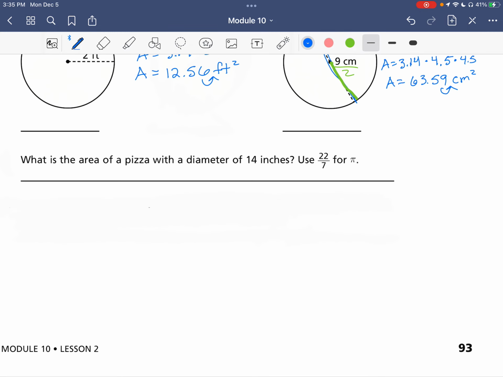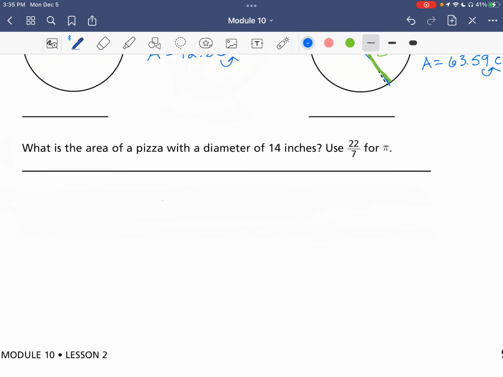All right, last one. What is the area of a pizza with a diameter? Here's my pizza, diameter of 14 centimeters. Use 22/7 for pi. So we have area equals pi r squared.